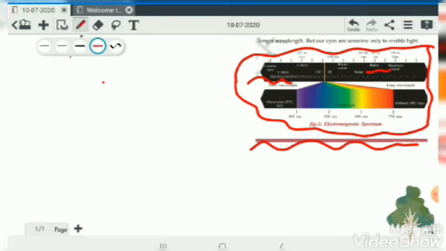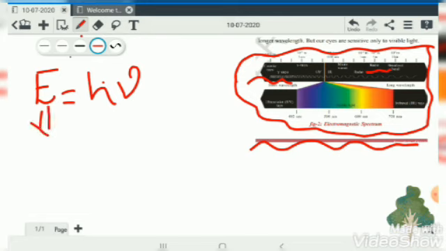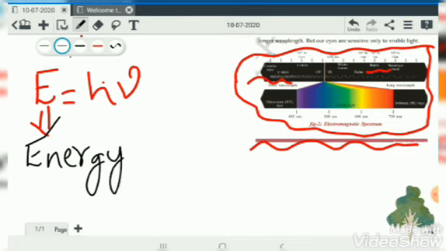And I think you know the relation E equals h mu. Here E denotes the energy of rays, h is Planck's constant, and mu is frequency.